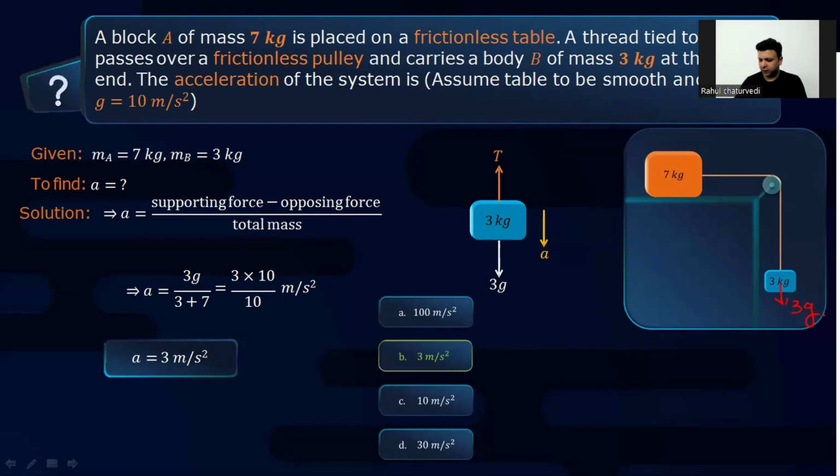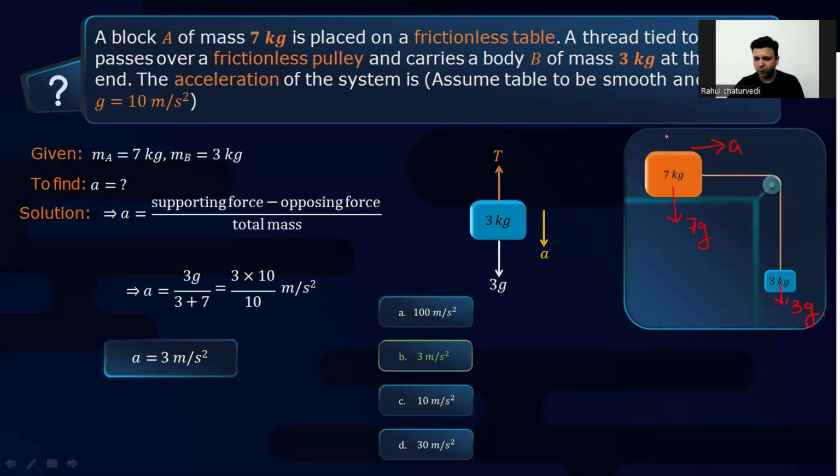Maybe some of you are thinking that 7G will oppose, but no. 7G is acting here and this 7G is perpendicular to the direction of motion. Direction of motion will be this one, acceleration. Since it is in the perpendicular direction, it will not oppose the motion, right?